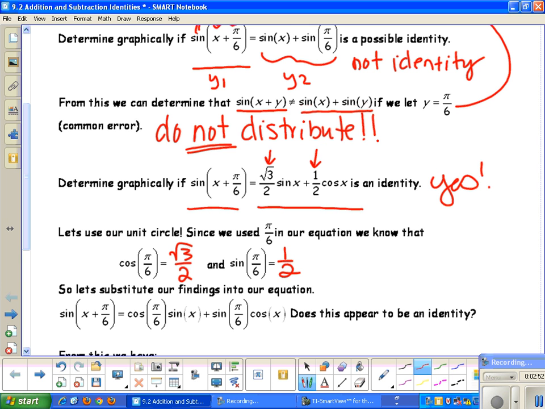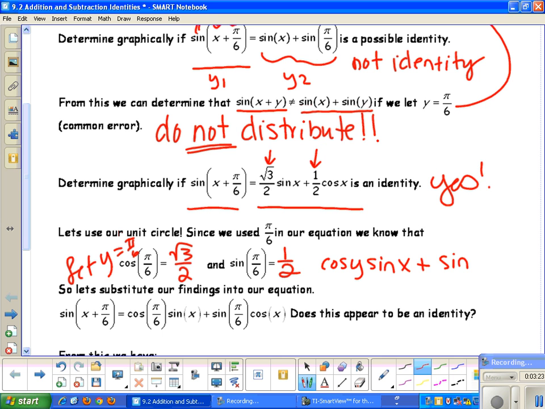So if I wanted to write the equation for this, I know that pi over 6 instead could be y. So notice that if instead I did the cosine of y times the sine of x plus the 1/2 would stand for the sine. So I'm saying let y equal pi over 6.